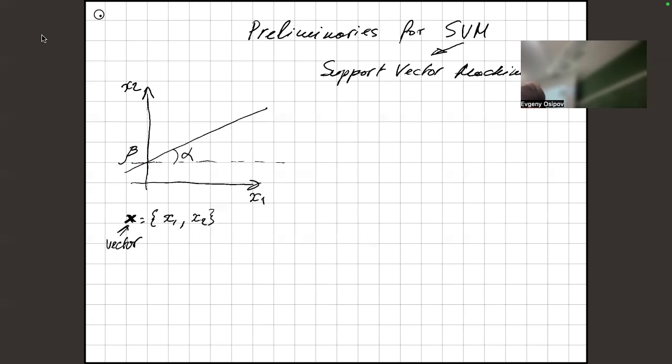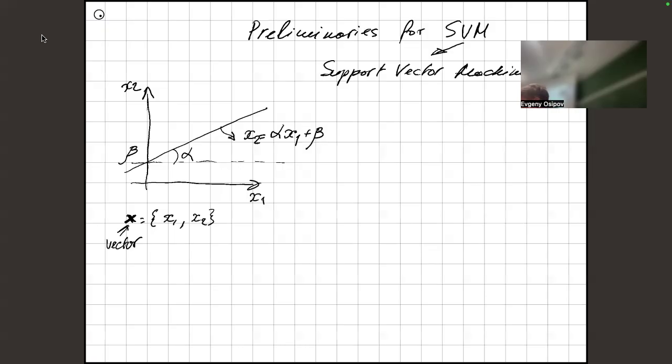So if you remember, this line can be defined as x2 equals alpha x1 plus beta. So free coefficient, right?